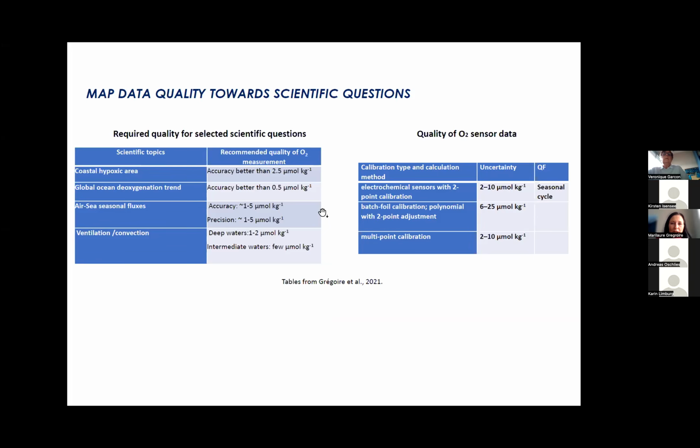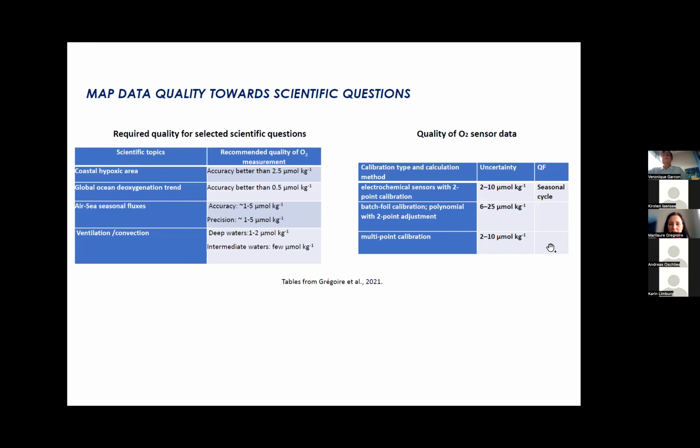If you look here at these two tables, on the left you can see an estimation of the quality that you need to address some scientific questions. Here we just give some of them as examples. And of course, the quantification of the ocean oxygen trend is probably the scientific question that would require the highest accuracy of the data. Unfortunately, or maybe fortunately, the accuracy of the sensor data has increased, so now it's much better than before, but it's also very sensitive to the calibration methods that you use for calibrating your sensor.